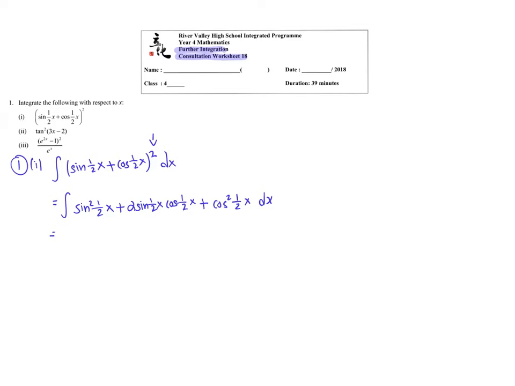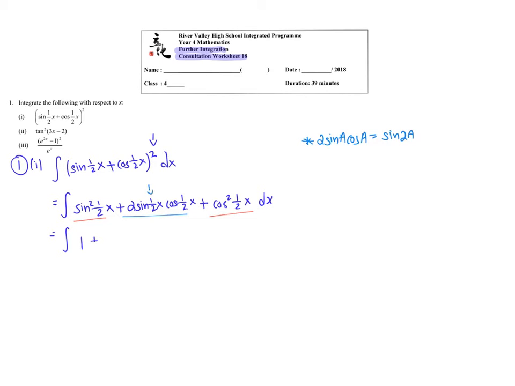I hope immediately you are able to see that we have sin²(x/2) + cos²(x/2), which with the trigo identity gives me 1, plus 2 sin(x/2) cos(x/2), to which we can apply the double angle formula if you have forgotten: 2 sin A cos A is the same as sin 2A.